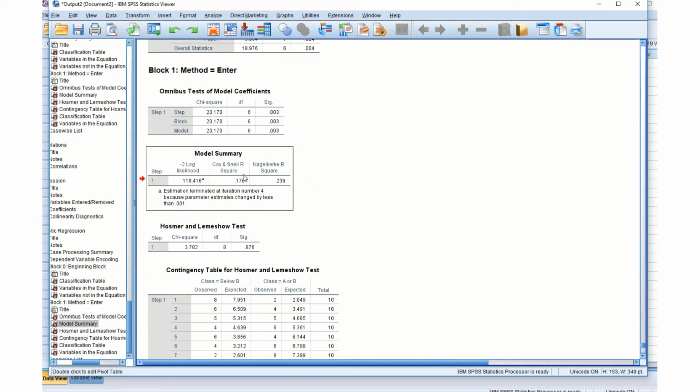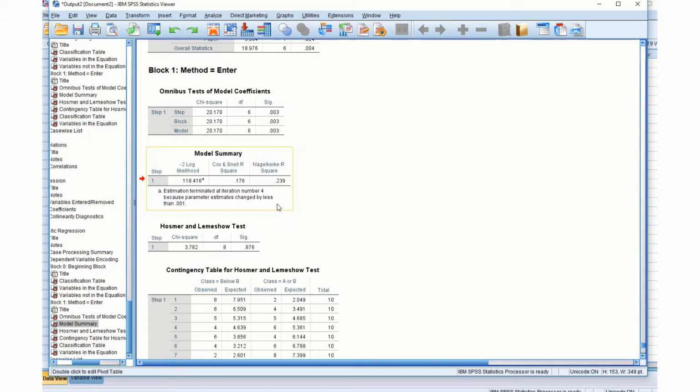The next box is the -2 LL. This is the log likelihood, which, if there were multiple steps or blocks happening, this number would actually go down, which is good, and these guys would go up. The Nagelkerke R-square and the Cox-Snell R-square are like, in a regression, the coefficient of determination, the R squared.